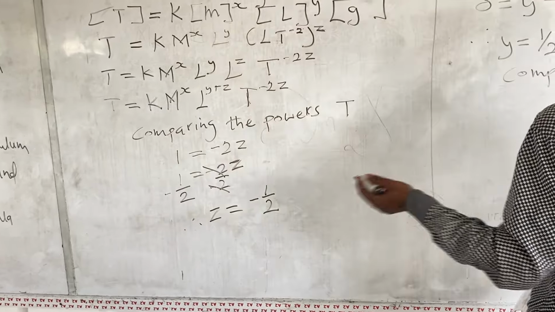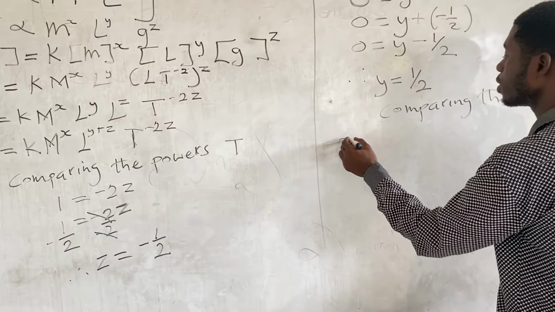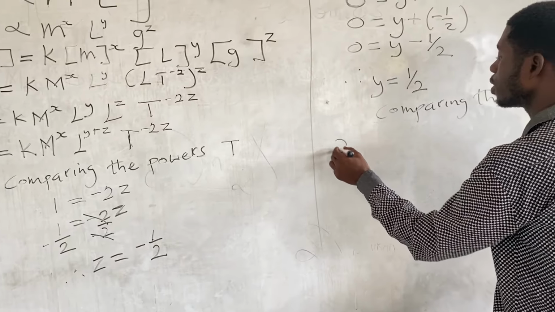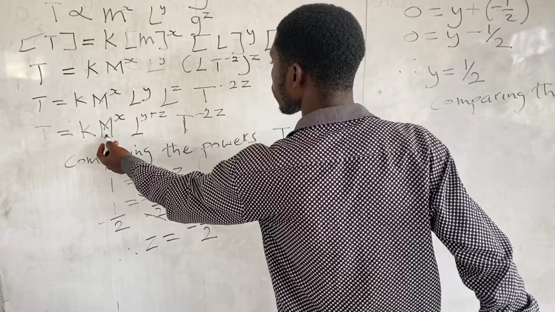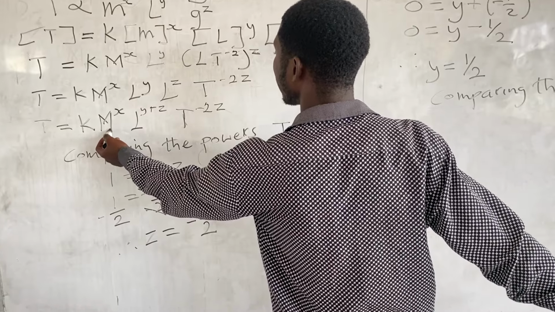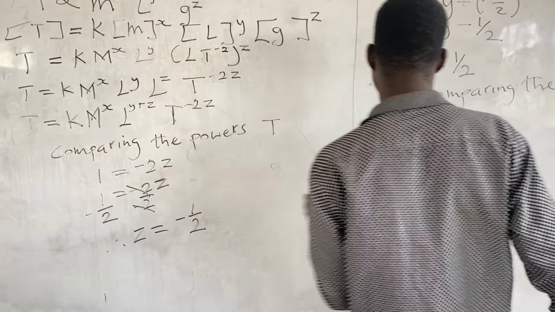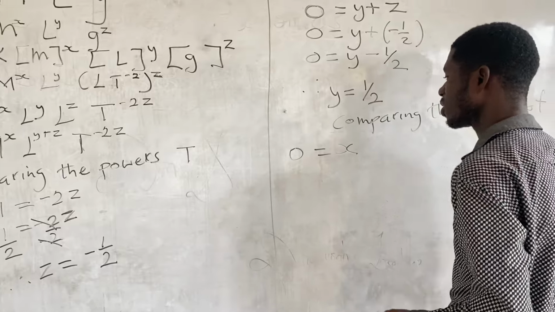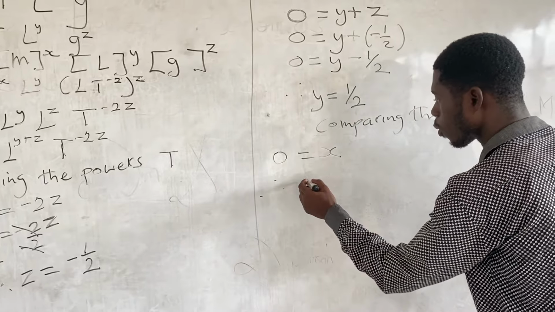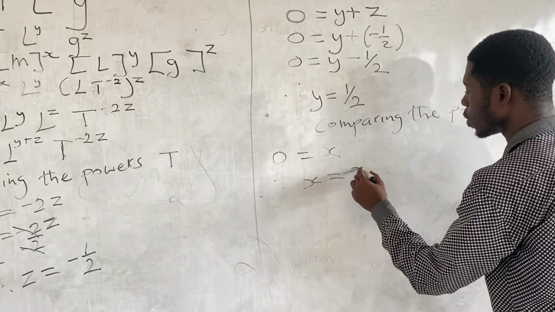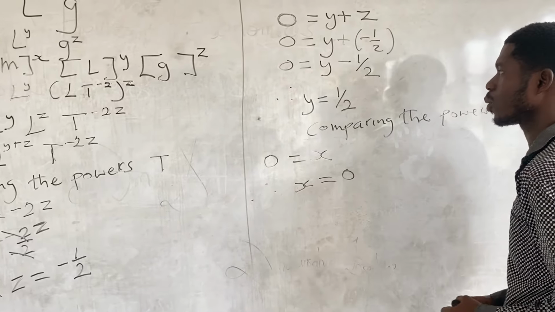So on the left hand side, the power of M is 0. When it comes to the right hand side, the power of M is X. So therefore, we can conclude that X is equal to 0.